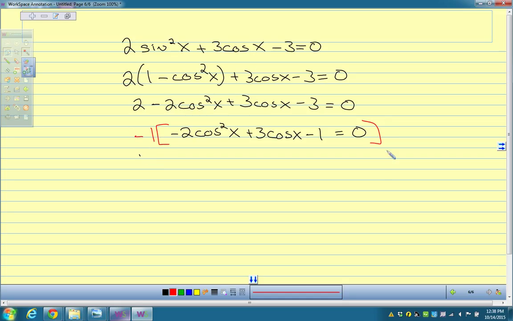Because what that does, I can multiply negative 1 times 0. It doesn't change anything. So then I can change this into positive 2 cosine squared x minus 3 cosine x plus 1 equals 0.